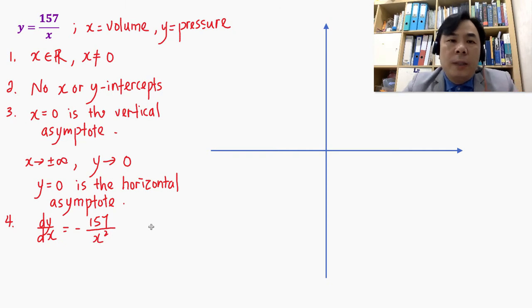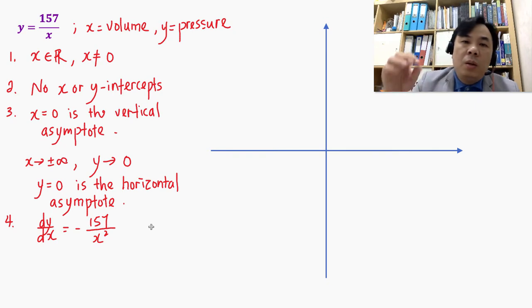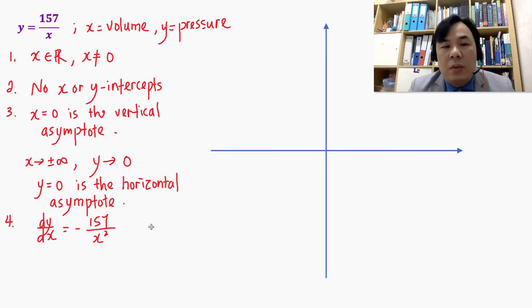We notice that x cannot be equal to 0 in this case, and our first derivative cannot be 0, except as x approaches infinity. But again, we won't be able to tell which infinity value would give us dy/dx equals 0. Therefore, we will say that in this case we don't have any stationary points.